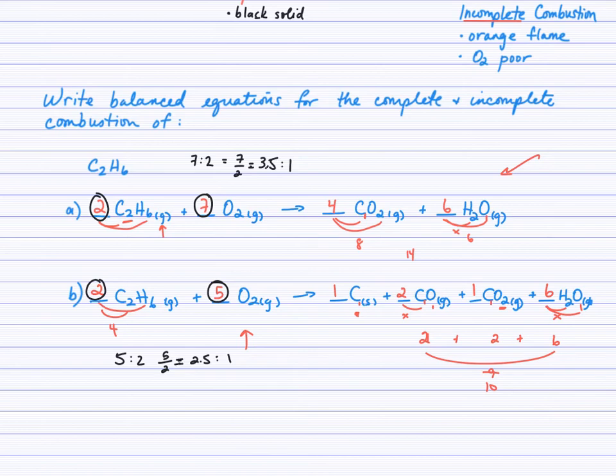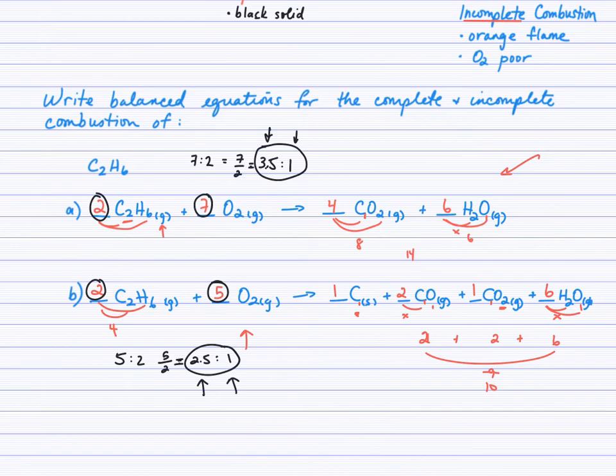And so what we're seeing here is that the ratio in the incomplete combustion reaction, we needed 2.5 amounts of oxygen for every 1 amount of fuel. And here, for the complete combustion, we need 3.5 amounts of oxygen for every 1 amount of fuel.